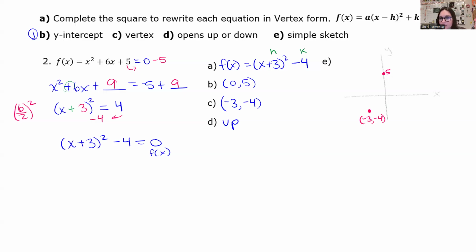Remember, all of these look like a U. So it looks something like that. We're going to continue on to the back side.